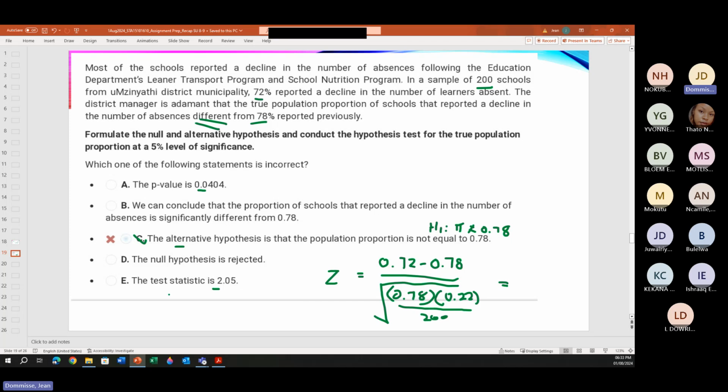So 0.72 minus 0.78 already gives us negative 0.06. So that is going to be wrong because this is going to be a negative number. But let's just see, 0.78 times 0.22 divided by 200, and the square root of it is 0.053.